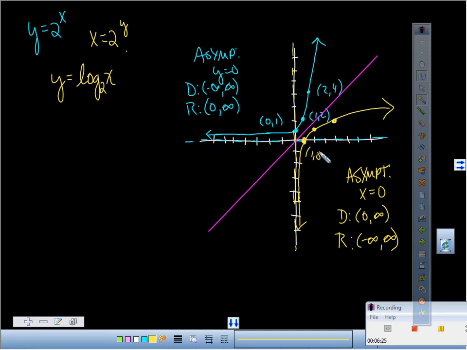See? 1, 0. 2, 1. 4, 2. Asymptotes, domains and ranges, all that stuff. It's all flipped. Doing that flips the domain and range, every single one, because they're inverses of each other, and that's what an inverse does. It switches the x's and the y's.